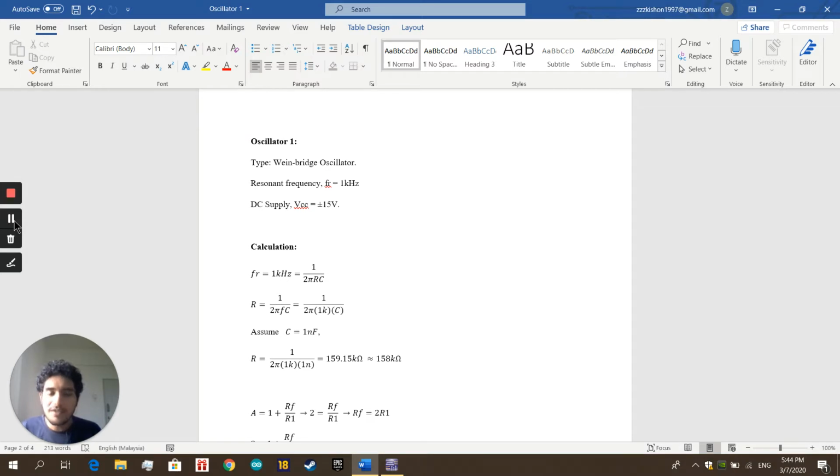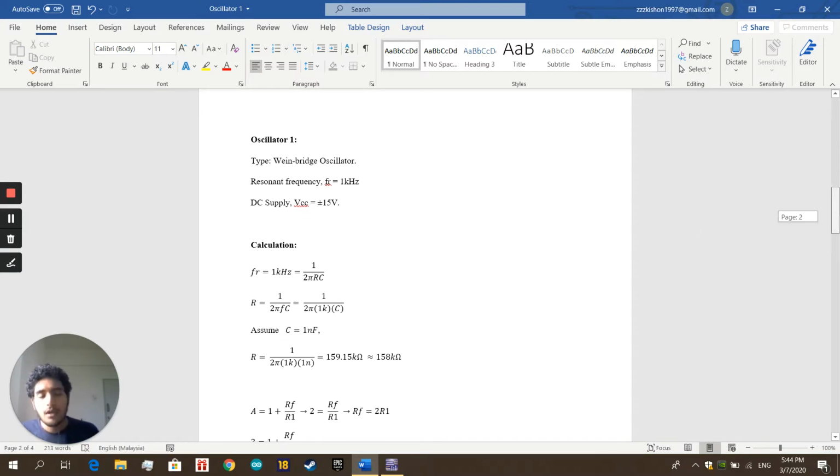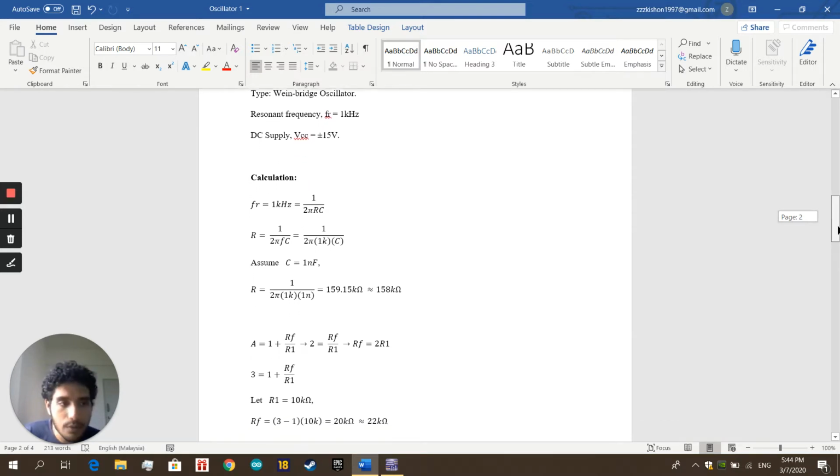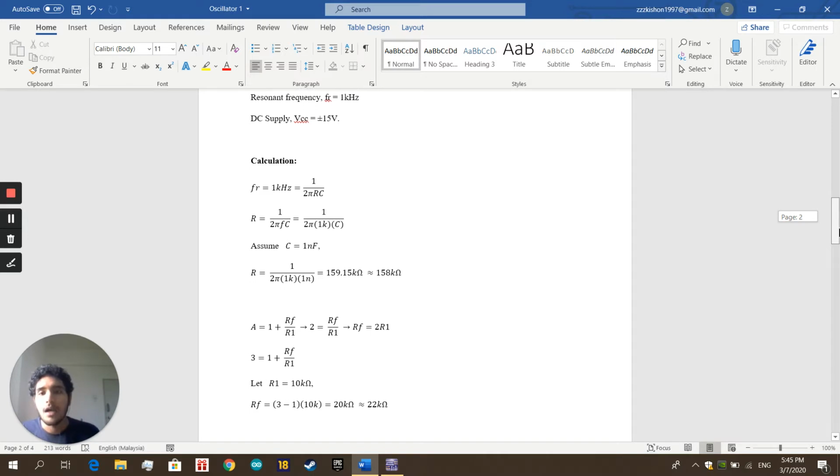Firstly, for my part, I have done oscillator 1 circuit. The given requirement was a Wien bridge oscillator, with a resonant frequency of 1 kilohertz and a supply of 15 volts. For the design, I have to do some calculation to get the component values.